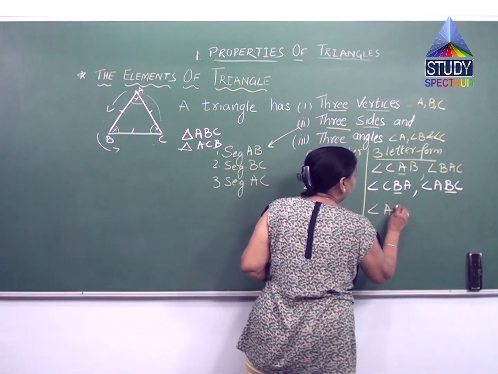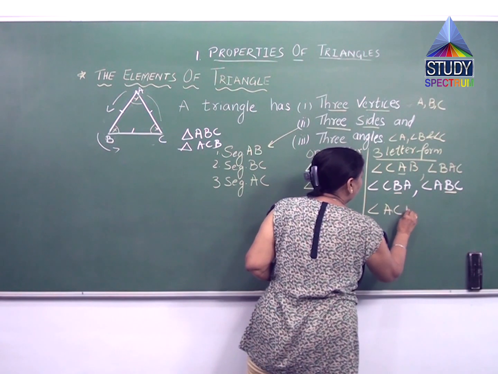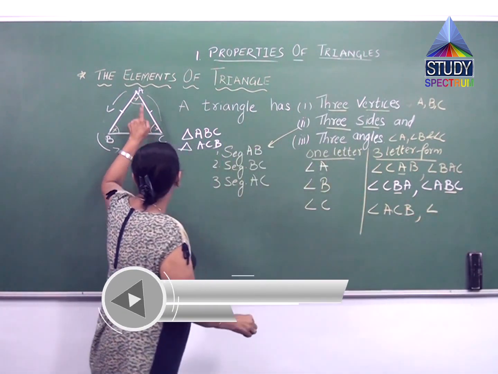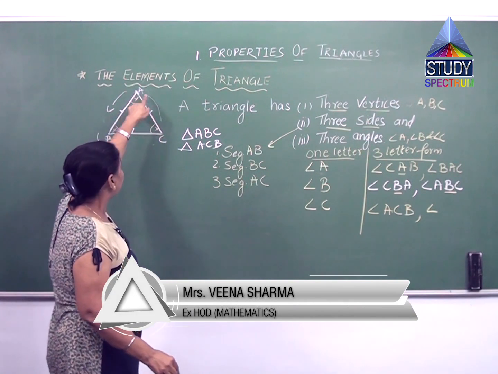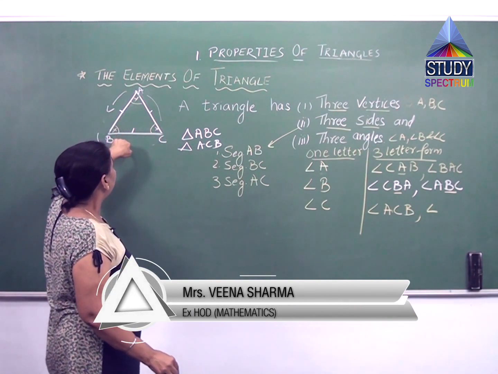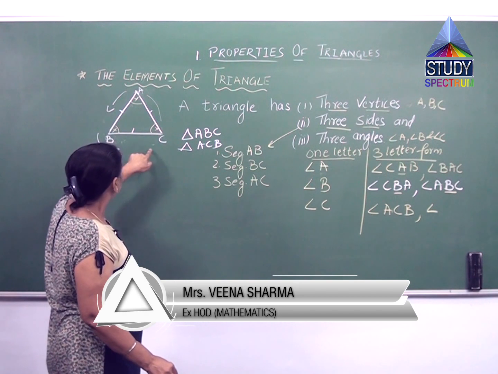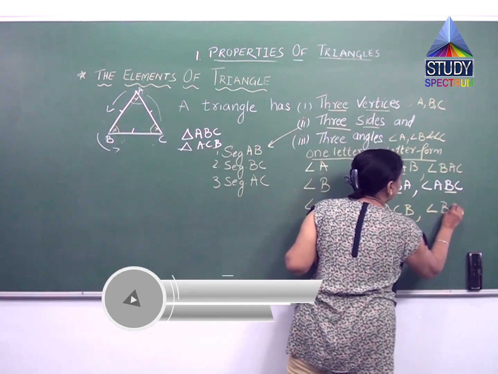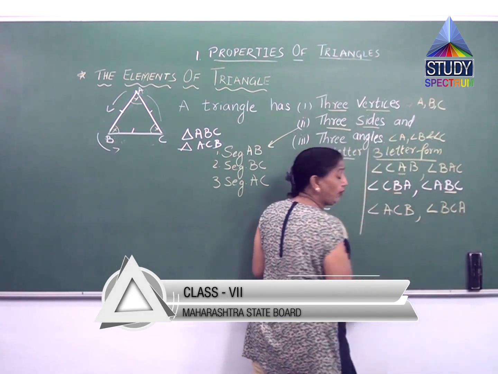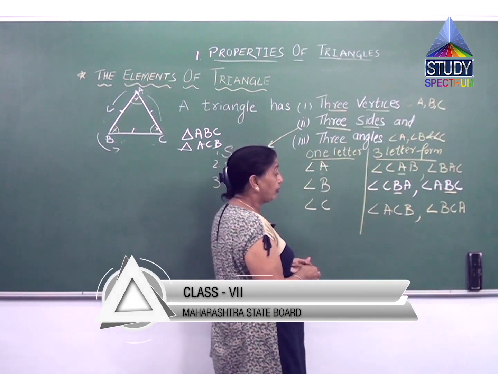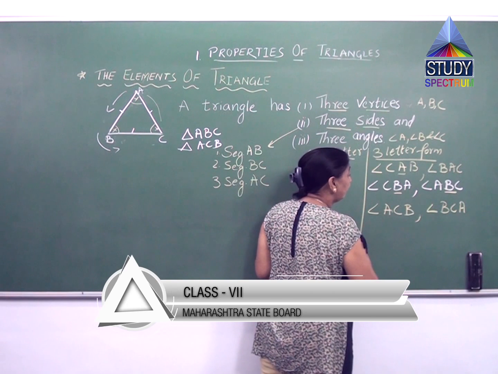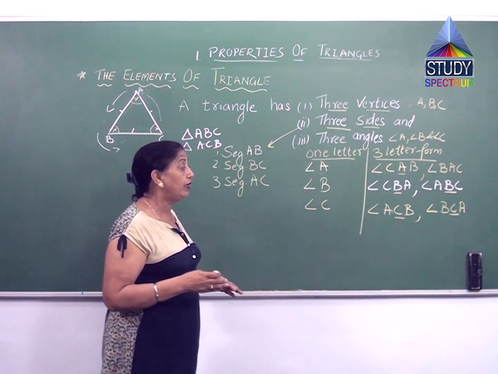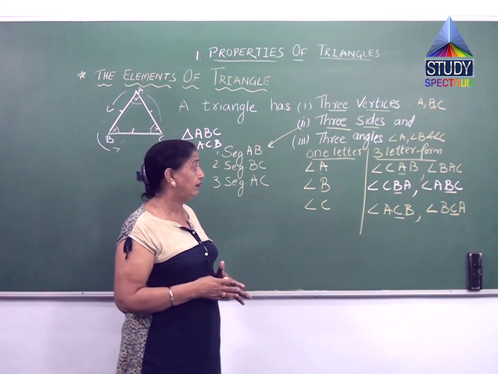I can write angle ACB, this is clockwise, and when I go anti-clockwise, it will become angle BCA. Again, you observe that the letter C is in between, so we come to know that we are talking about angle C.